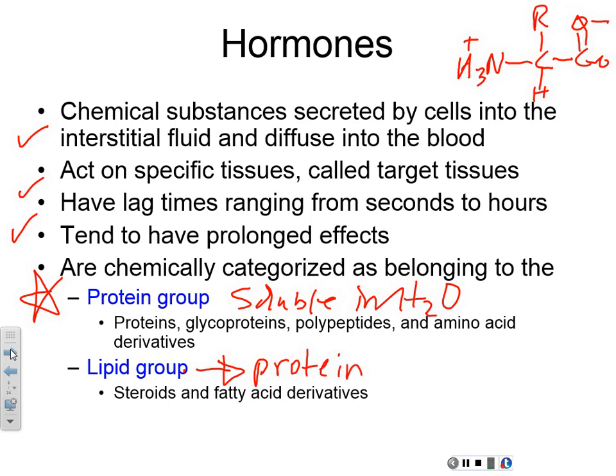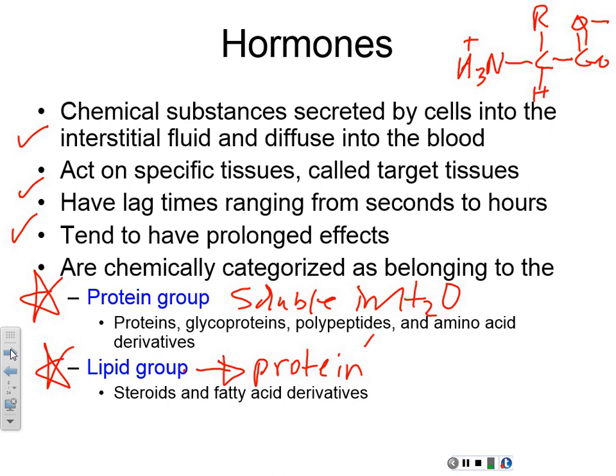Then the effect of this protein, whatever it does, it could be an enzyme that does something, that's the effect of that hormone. So I want you to know the overall two groups: the protein hormones that are soluble in water, and therefore will attach to a receptor on the outside of the cell, and then these lipid soluble ones.